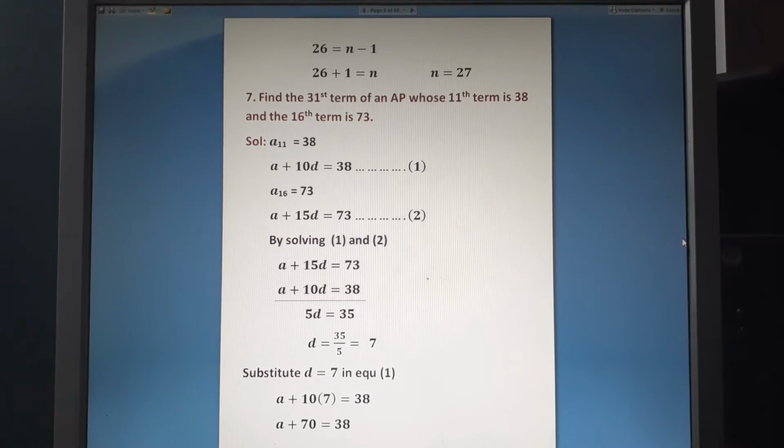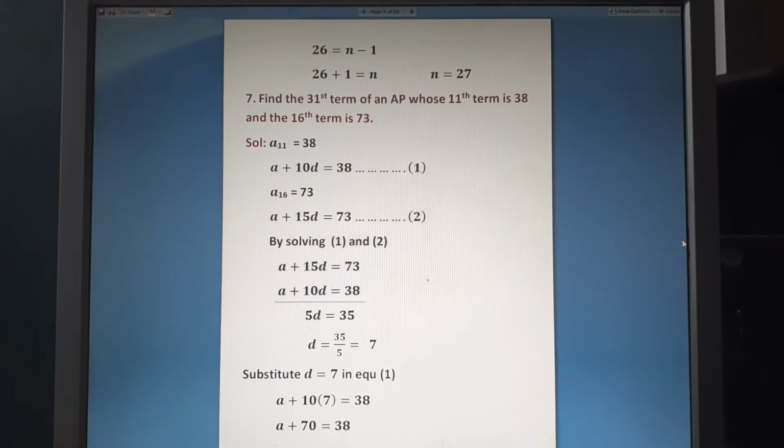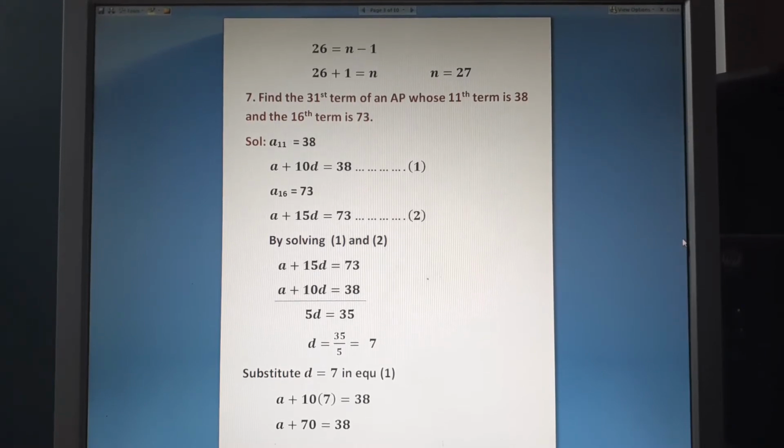Question number 7. Find the 31st term of an AP whose 11th term is 38 and the 16th term is 73. See the solution. 11th term is equal to 38.